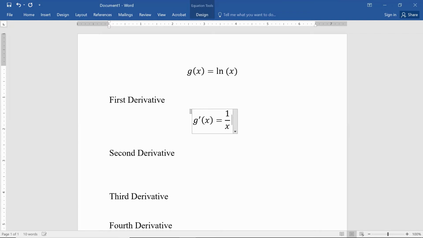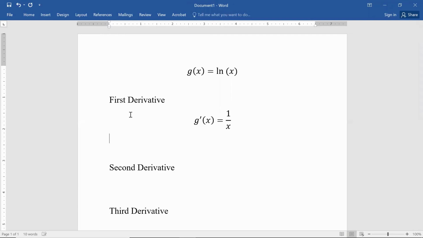Now, in order to take a derivative of 1 over x, it's a lot easier to realize that 1 over x is the same thing as 1 times x to the negative first power. If we utilize this way of writing 1 over x, then it's going to be a lot easier to take the second and third and fourth derivatives.